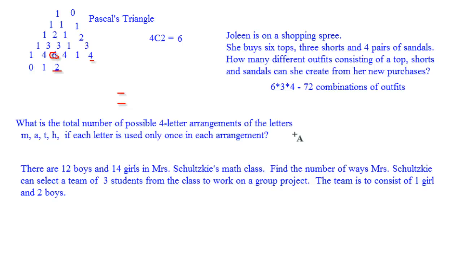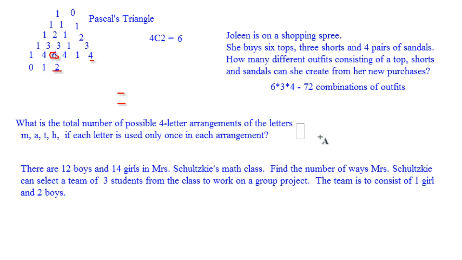It's the total number of possible 4-letter arrangements of the letters M, A, T, H if we only use each once. So this is actually important. We can't use A twice, we can't use M 3 times or T 4 times. We just have to actually put them in order. So this one, order does matter, but we're not trying to make an actual word.